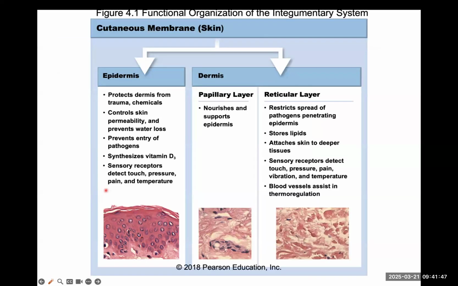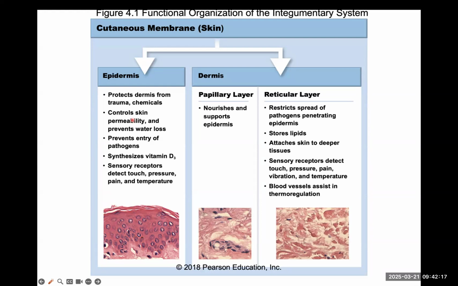This chart over here tells you what each layer does. So you've got epidermis and dermis, and we don't have hypodermis here because technically hypodermis is not skin. Hypodermis is what skin is attached to, and that's the only reason we talked about it. So these are the features of the epidermis.